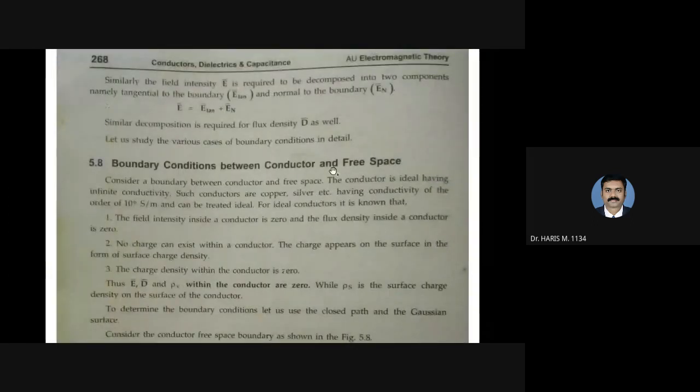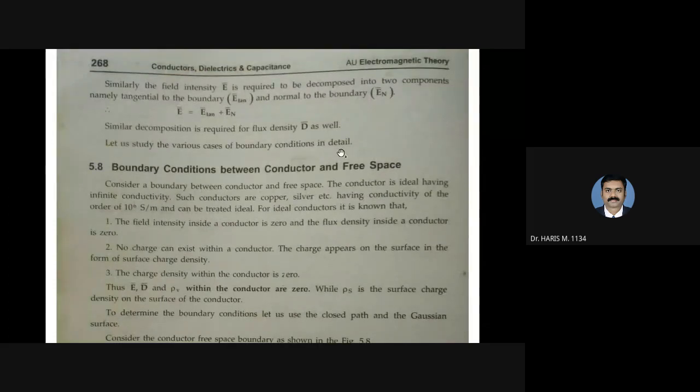Similarly, the field intensity, okay, so the capital E value is required to be decomposed into two components, right? You might have studied about the force components, right? If a force is existing in a particular direction, that force can be resolved into two components.